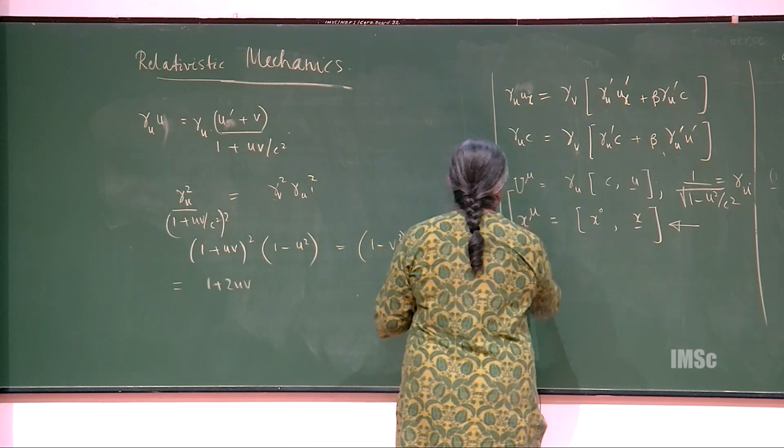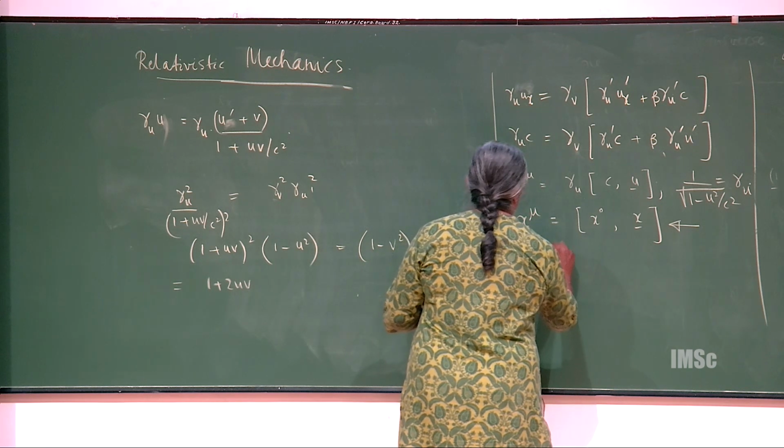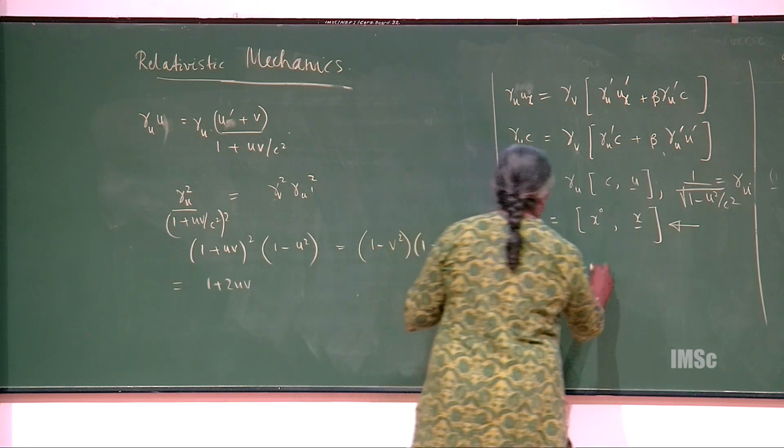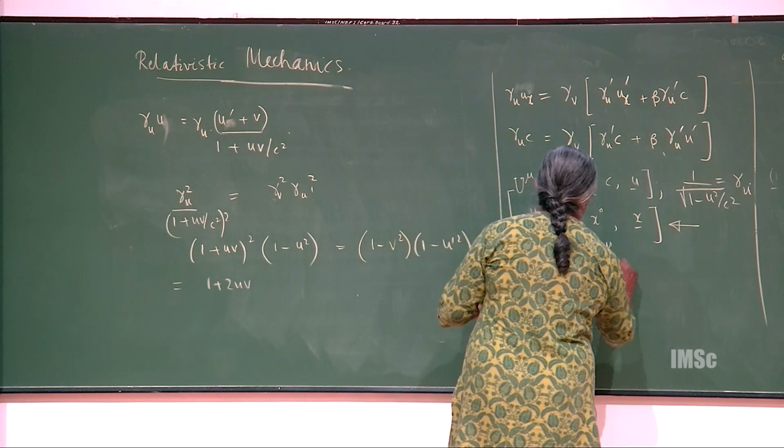And you can prove that u mu is equal to dx mu by d tau.